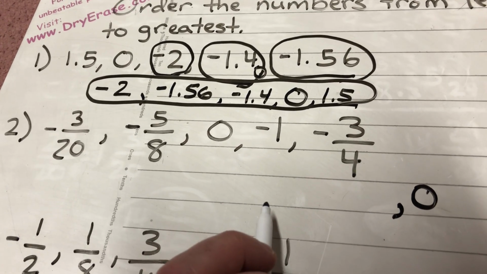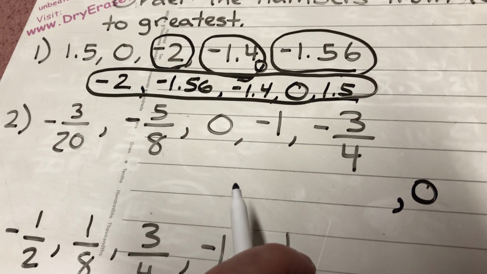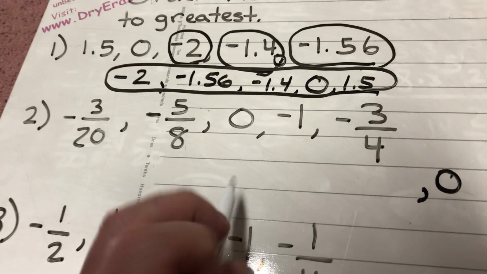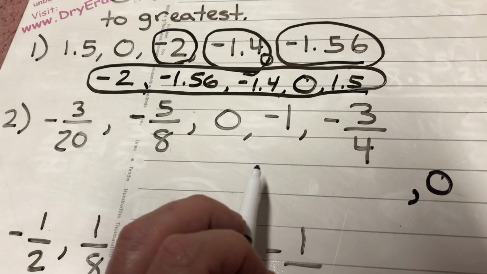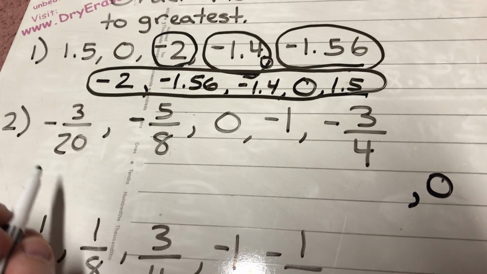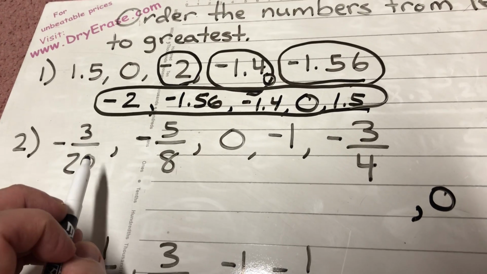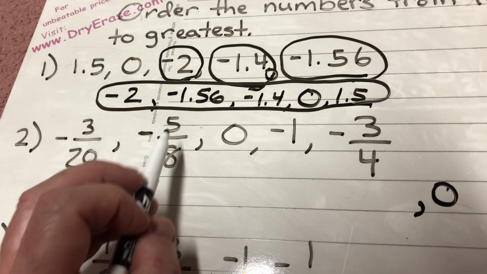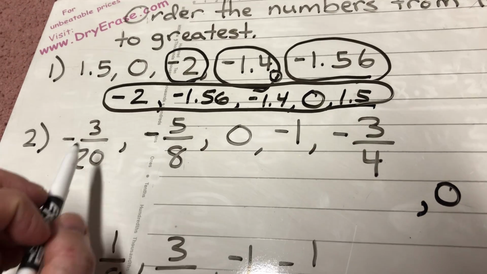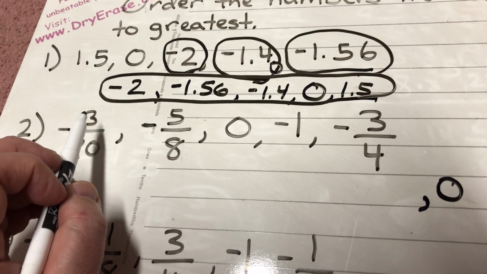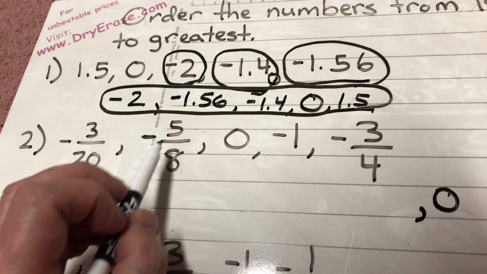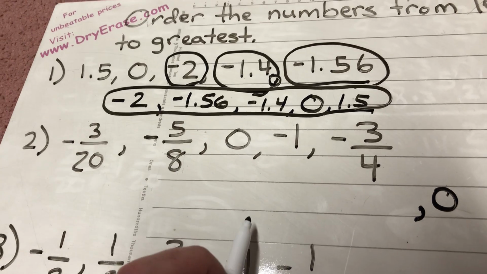But to be able to compare the rest of these, I'm going to need to find a common denominator. Now, when I look at the rest of these, I see 3 over 20, 5 over 8, and 3 over 4. In all of these the numerator is smaller than the denominator.